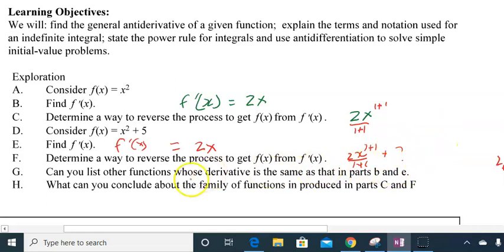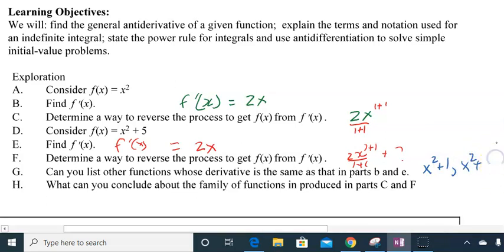What can we do? There are some other functions whose derivative is the same as in parts B and C, whose derivative is 2x. Those examples would be x squared plus 1, x squared plus 2, and so on and so forth.